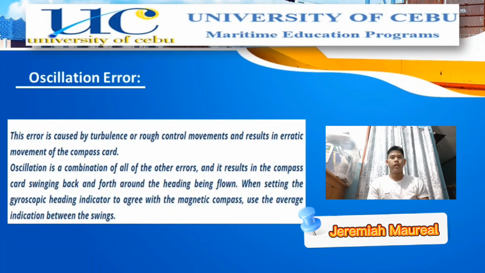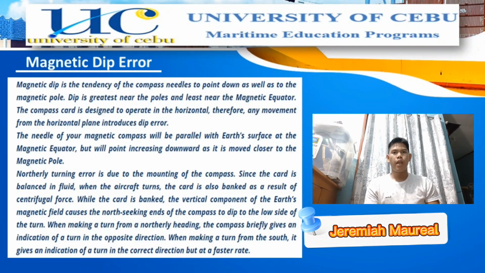Oscillation error: this error is caused by turbulence and rough control movements and results in erratic movement of the compass card. Oscillation is a combination of all of the other errors, and it results in the compass card swinging back and forth around the heading being flown. Magnetic dip error is the tendency of the compass needles to point down as well as to the magnetic pole.